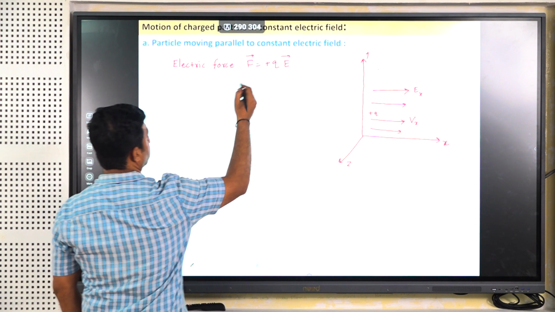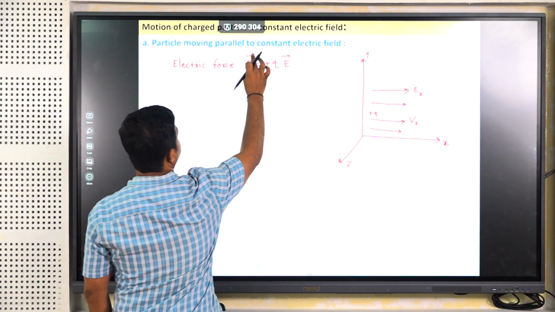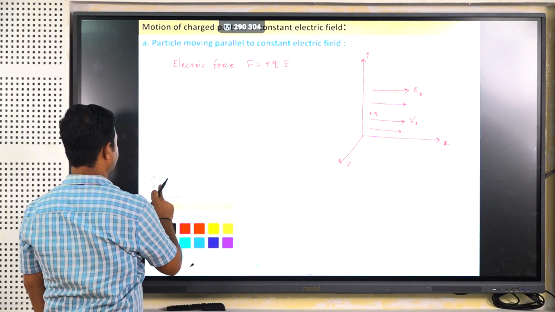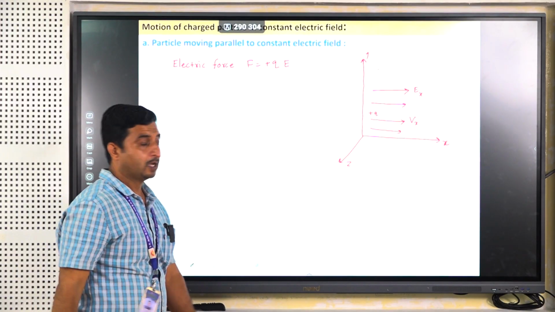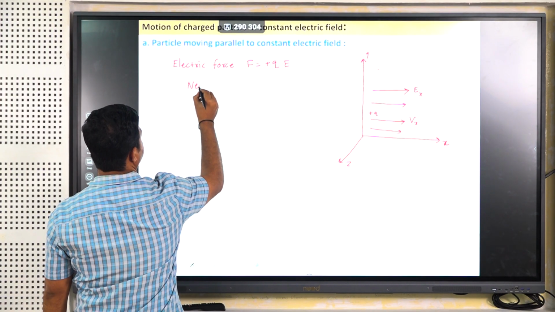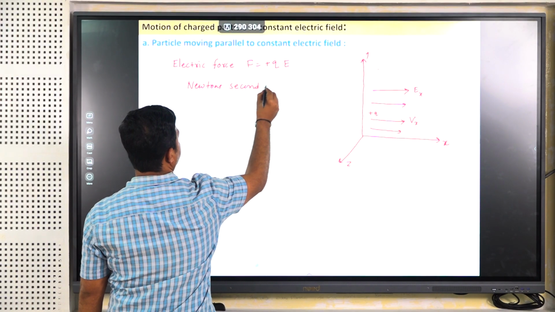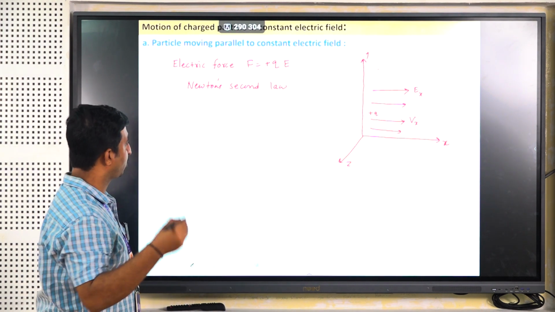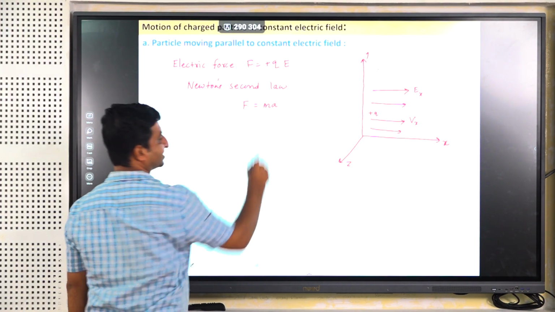So if we consider the magnitude, then we don't consider the direction or vector. So F is equal to QE, and according to Newton's second law, when a force acts on any body or object, that force is equal to mass into acceleration.